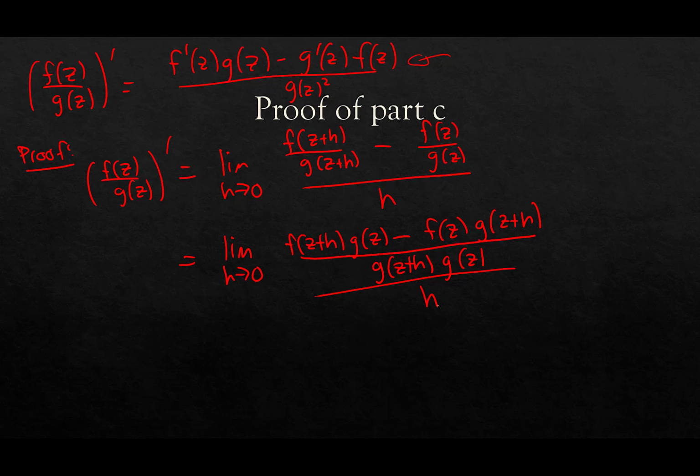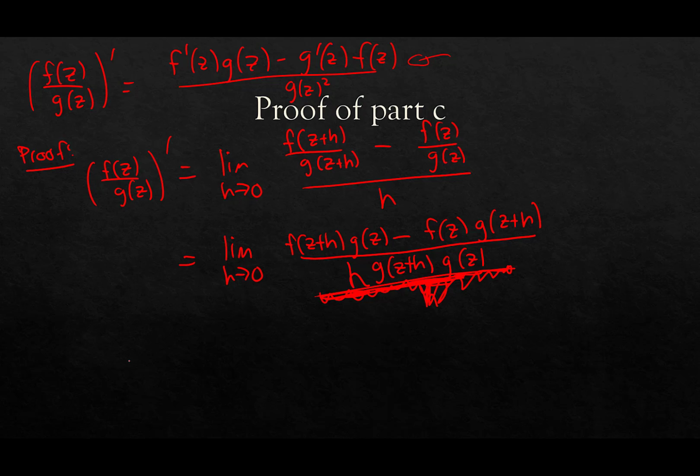Okay. Now here's where we get a little bit tricky. First of all, since we're dividing this whole crazy fraction by h, I'm just going to move the h down here, because if you divide by something, it's like multiplying by the reciprocal. Okay, now that wasn't the trick.